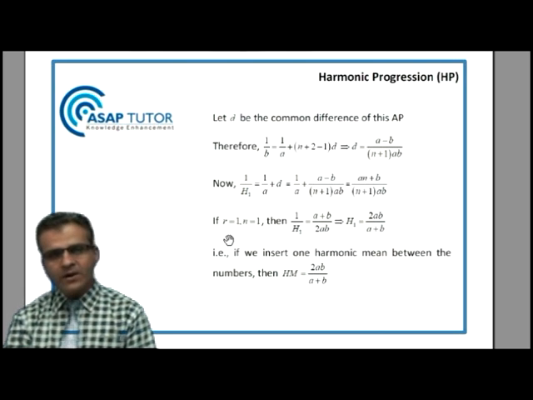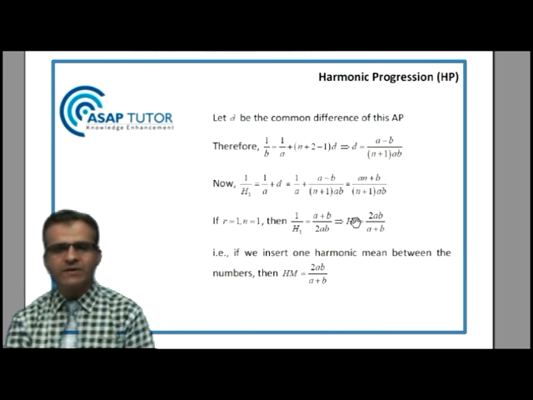Now if r is equal to 1 and n is equal to 1, substituting here, we get H1 is equal to 2ab over (a plus b), and this gives the harmonic mean between the two numbers. Therefore, if we insert one harmonic mean between two numbers a and b, the harmonic mean will be equal to 2ab over (a plus b).